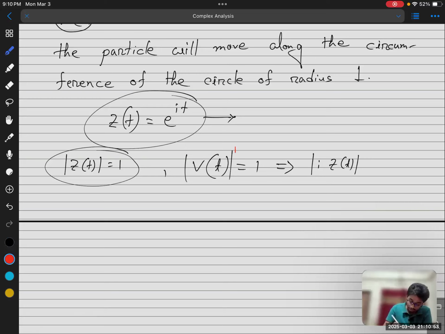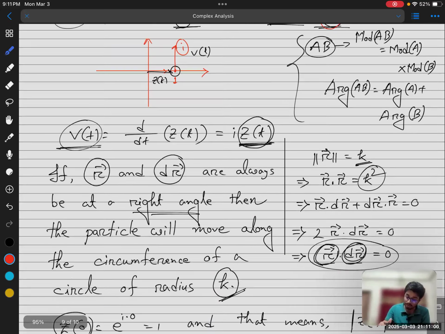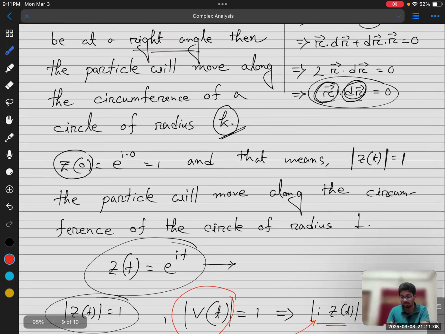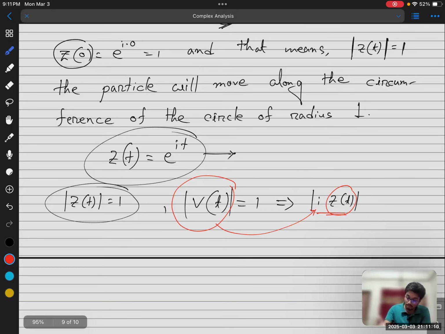If we are considering AB, then the modulus of AB will be the modulus of A times the modulus of B. So the modulus of z of t is 1 and the modulus of i is basically 1. So we can say that the particle's speed will always be 1. As we are considering the modulus, it is representing the speed, not the velocity, because velocity has to have a direction.